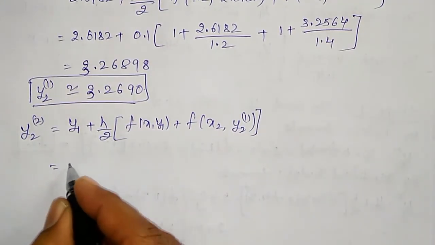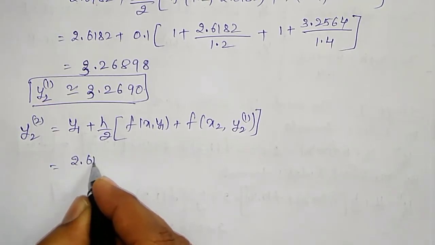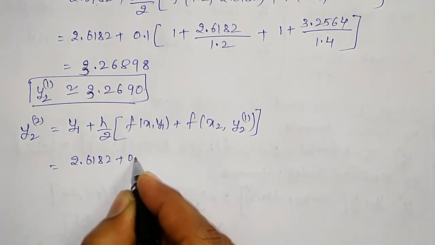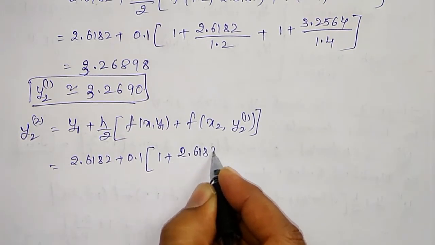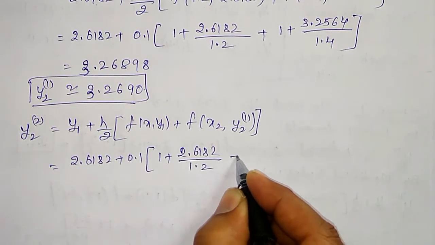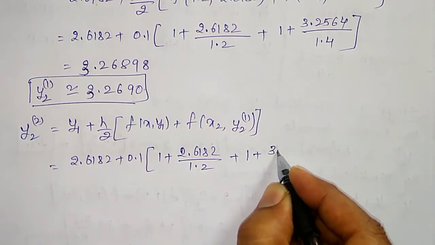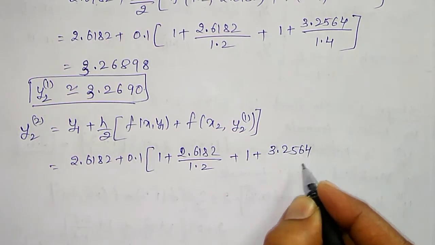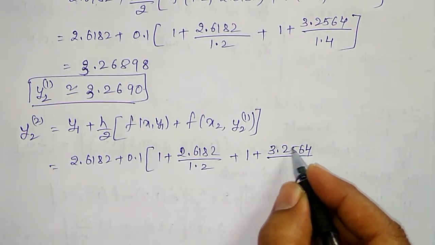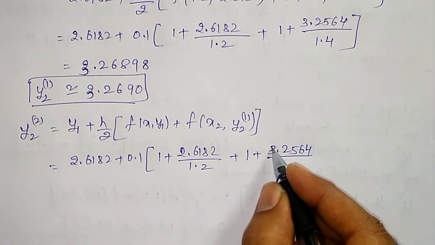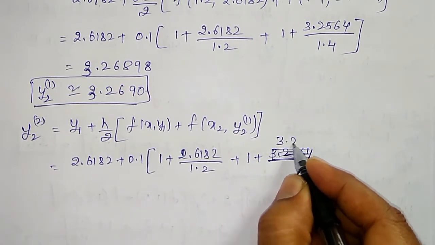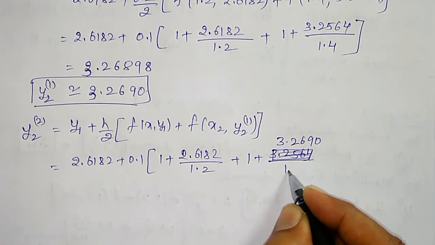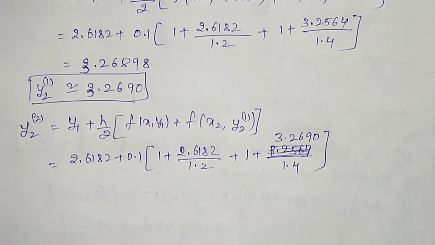Directly I will write here as 2.6182 plus 0.1 into 1 plus 2.6182 divided by 1.2 plus 1 plus, sorry, this value I have to replace, I will change this, that is 3.2690 divided by 1.4.